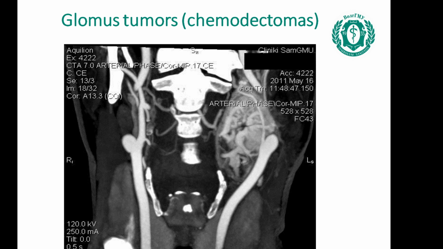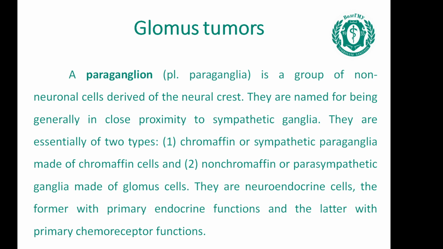Then, my dear students, let's talk about glomus tumors or hemodectomas. A paraganglion is a group of non-neuronal cells derived of the neural crest. They are named for being generally in close proximity to the sympathetic ganglia. They are essentially of two types.